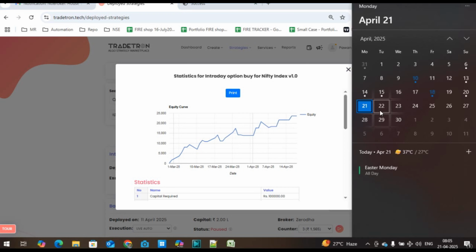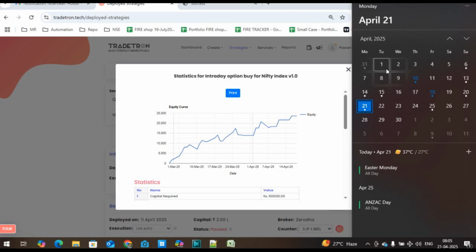Because this month we have a lot of holidays, that is one more challenge, and there are a lot of spikes, and a lot of gap ups and gap downs happened, which is very rare, because of that Trump tariff war that is going on. Still we are able to manage this dangerous month.